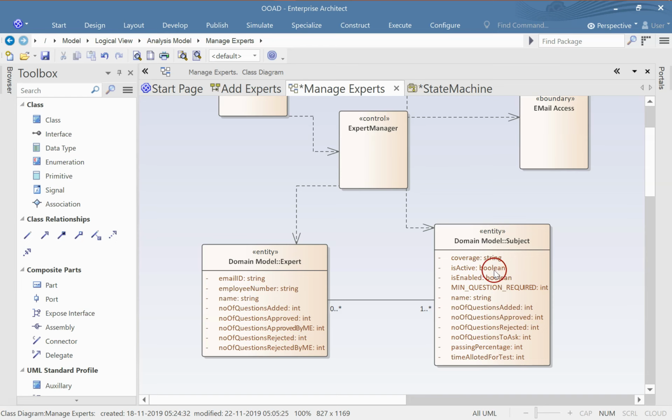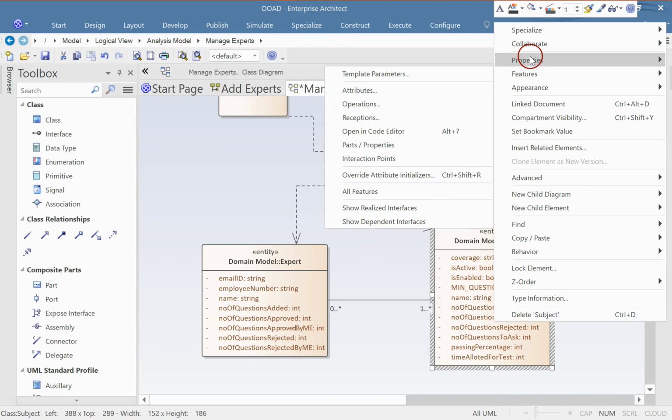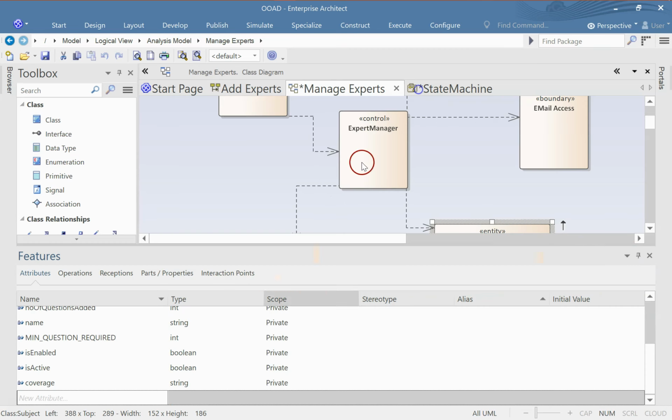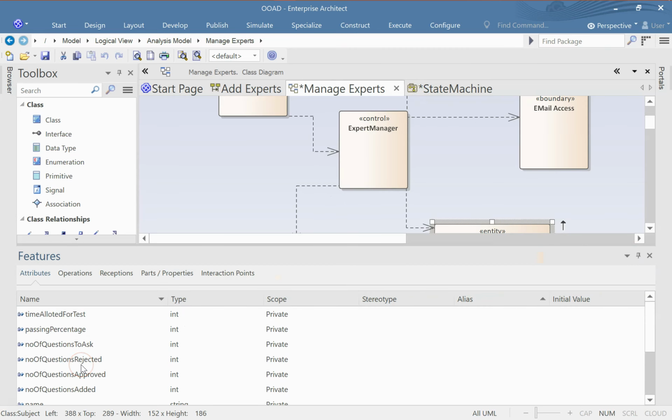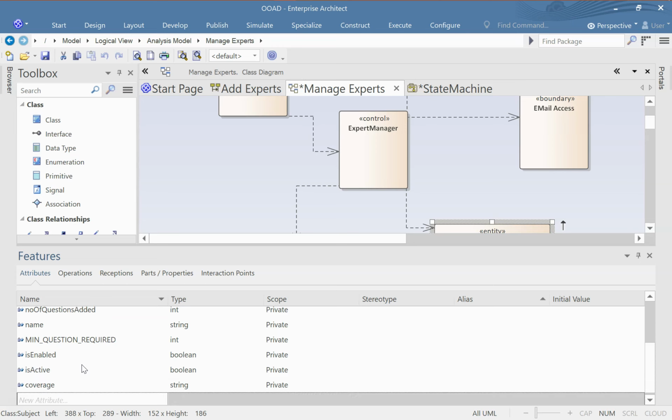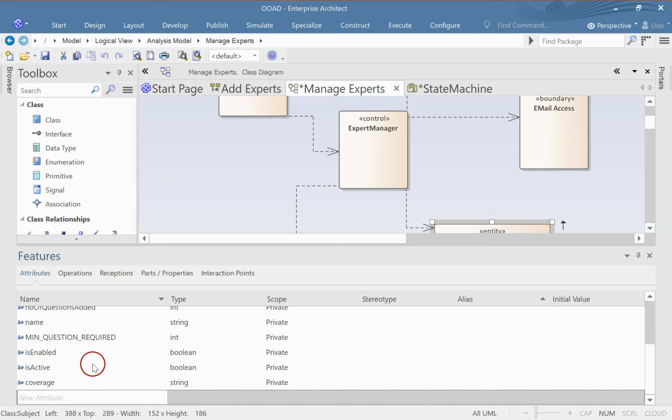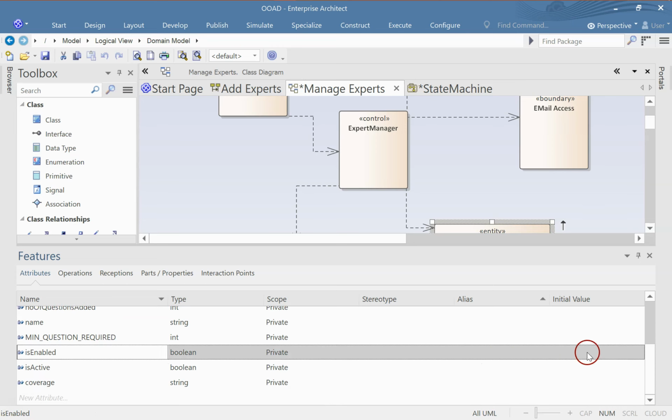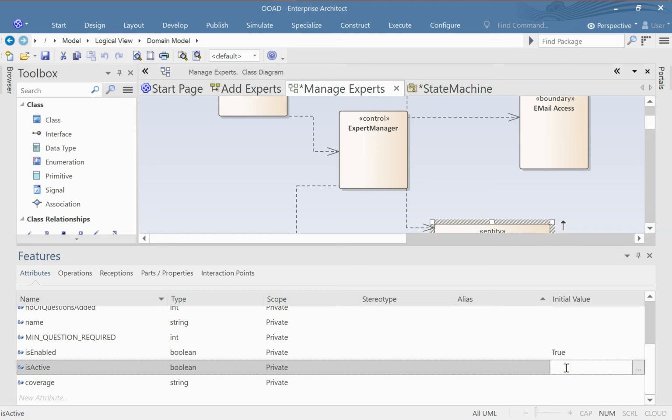Okay, now because there can be confusion about what is active, what is enabled, it's very essential that we properly document them. So number of questions to ask, all that is okay. Is enabled, initially what will it be? Remember, initially is enabled is true and is active is false.